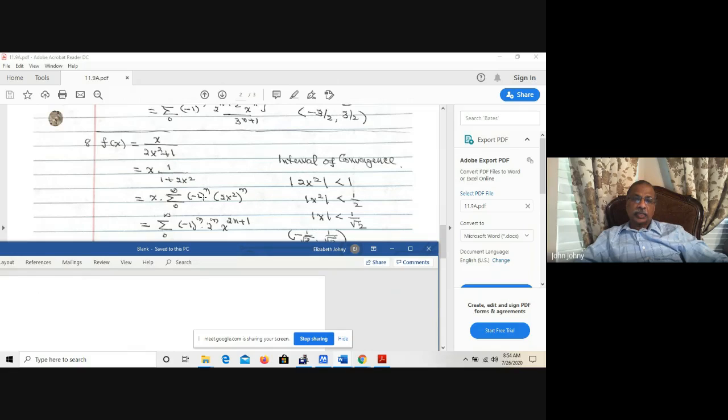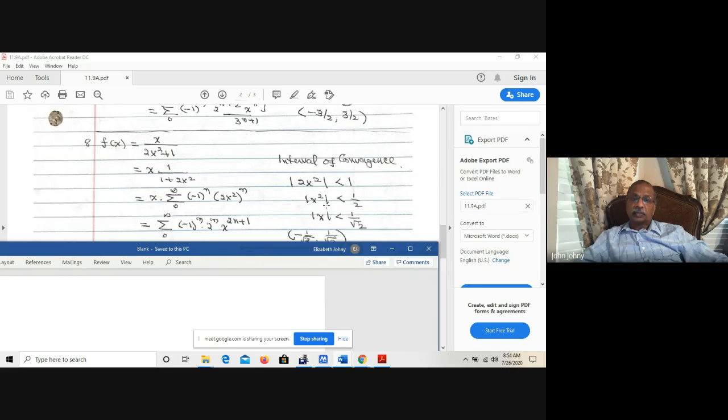So this is (-1)^n 2^n x^(2n+1). Now the interval of convergence: in this expression you replaced x by 2x squared. Absolute value of 2x squared is less than 1.